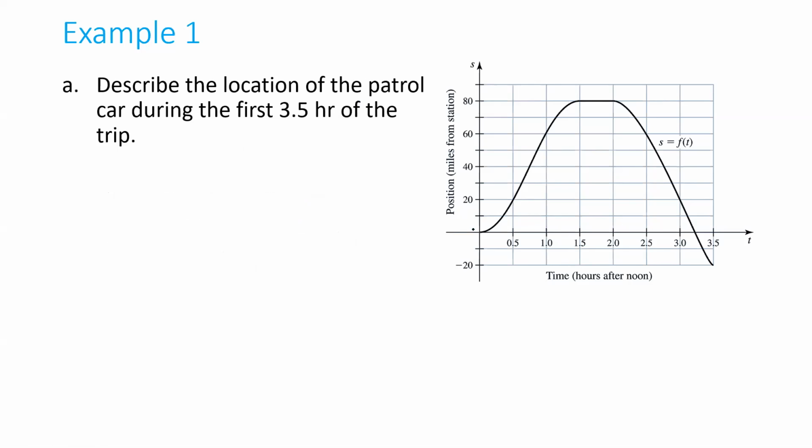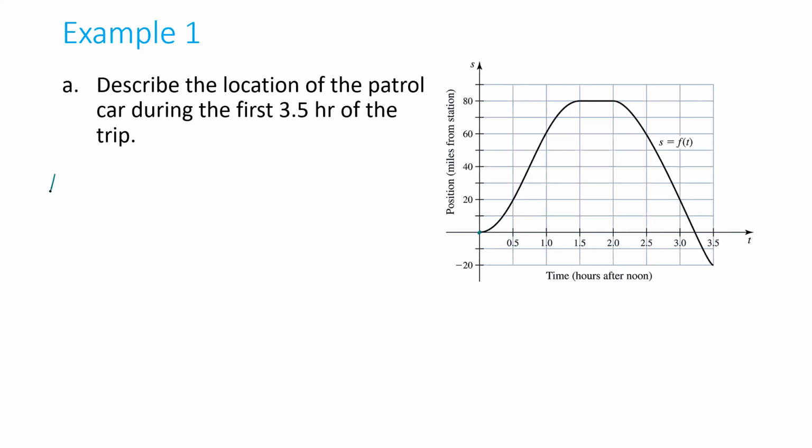So just describing how the car is traveling over this period of time that we've shown in the graph here. So first of all, if I'm looking at this first portion, right, it's starting out here at location 0.